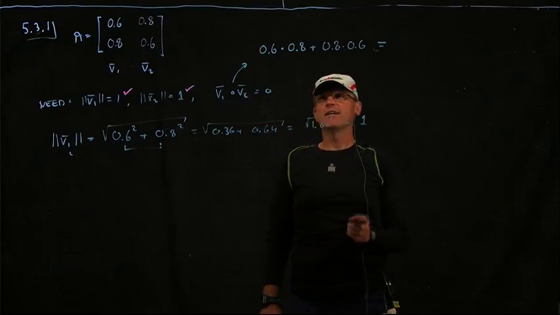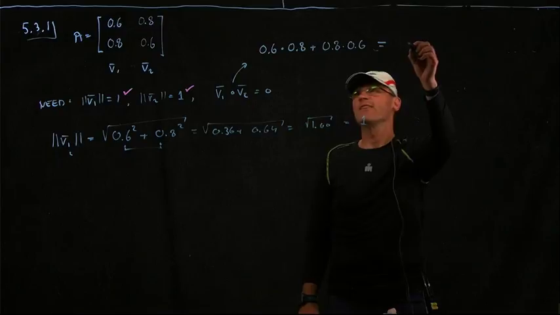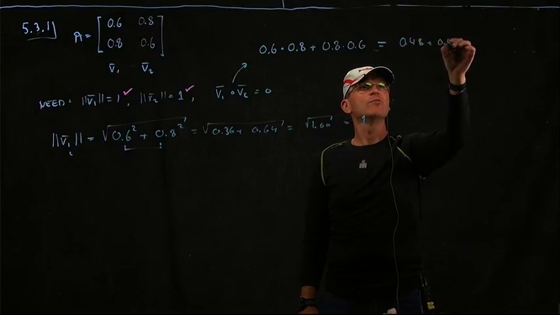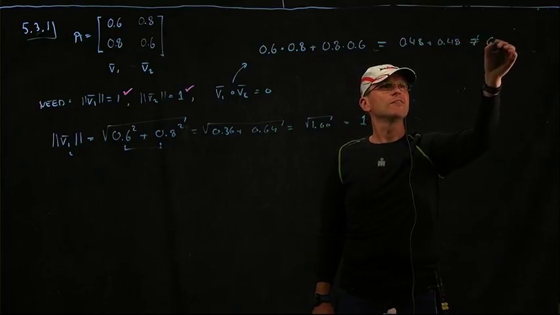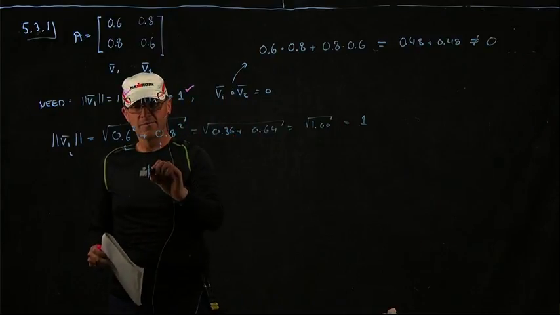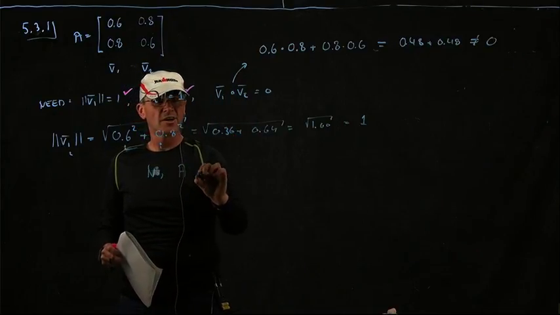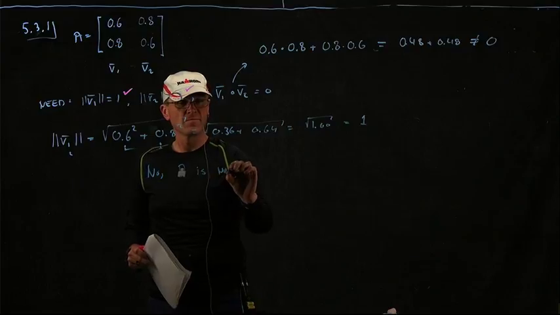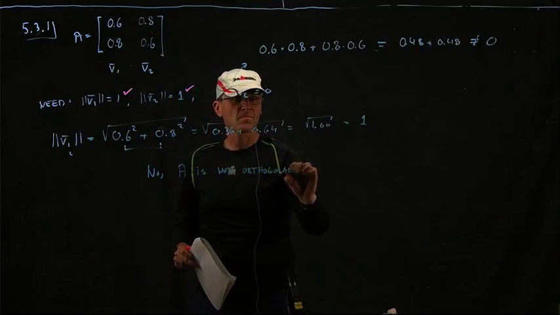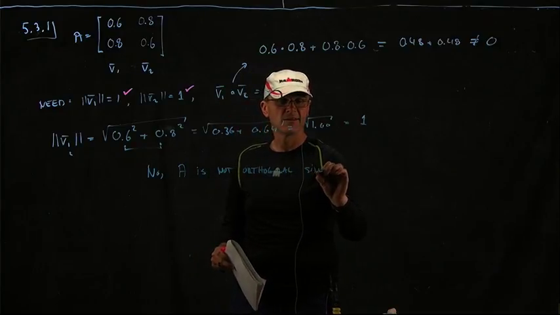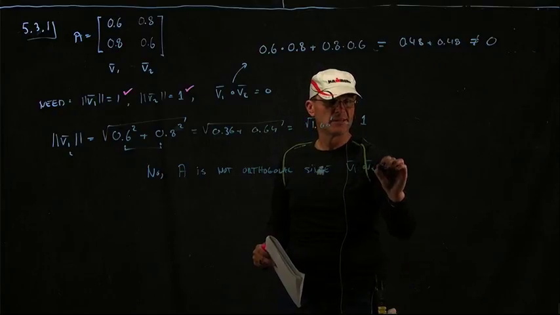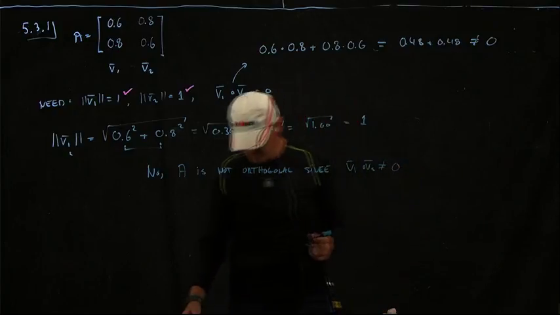It's not that late yet. So it's 0.48 plus 0.48, which is certainly not 0. So the answer is no. A is not orthogonal, since V1 dot V2 is not 0.